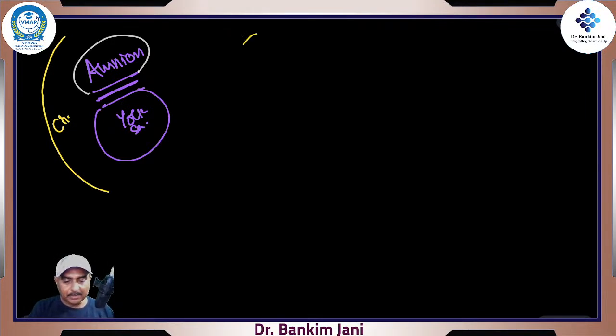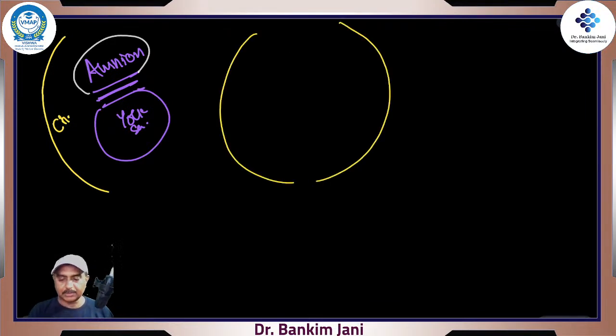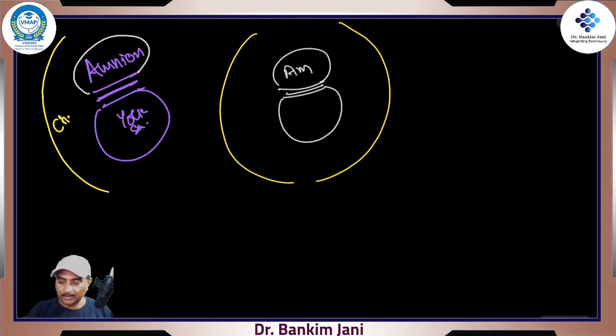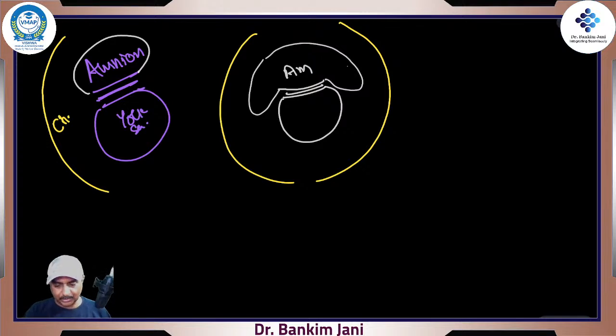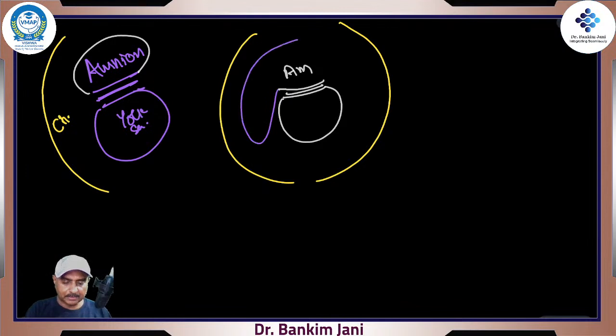Say this is the chorion. Currently the situation is like this. That's the amnion, the layers, and the yolk sac. This amnion expands. Now it goes like this. Still more it expands. So now it goes like this. It still expands.